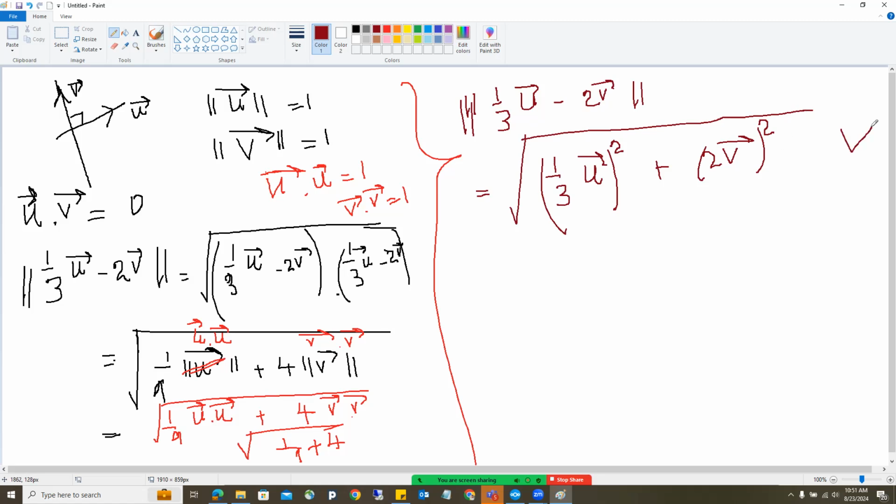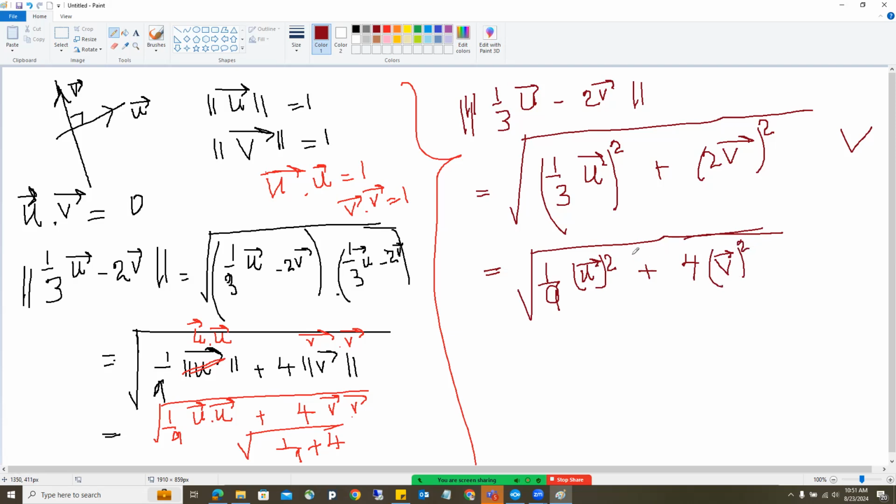We just square these components, add those two together, and take the square root. Now 1 over 3 squared means 1 over 9. So 1 over 9 vector u squared plus 4 times vector v squared.